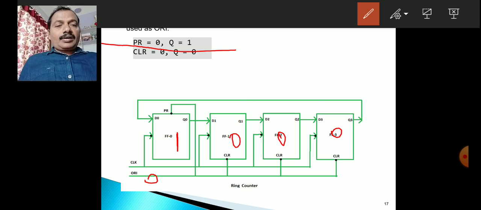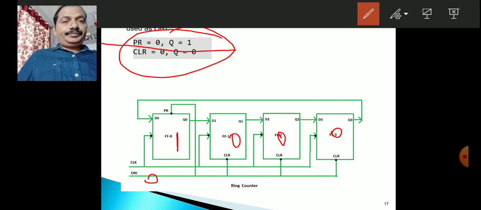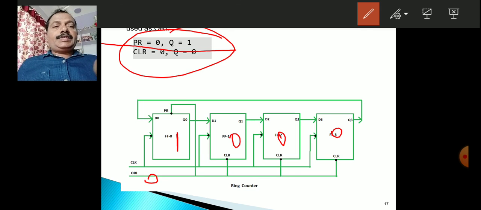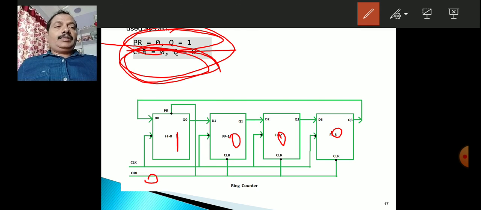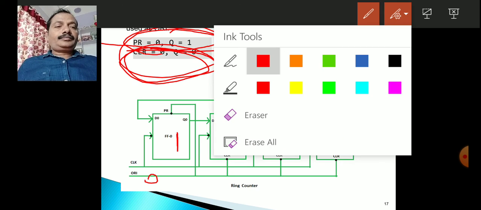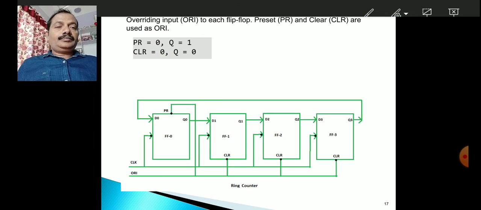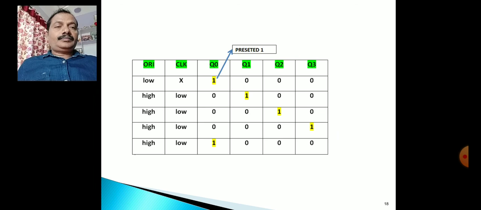For clear it is 0, and these are the combinations you can observe. This is the combination for the first flip-flop. This is the combination to clear all 3 flip-flops. So this is initialized.